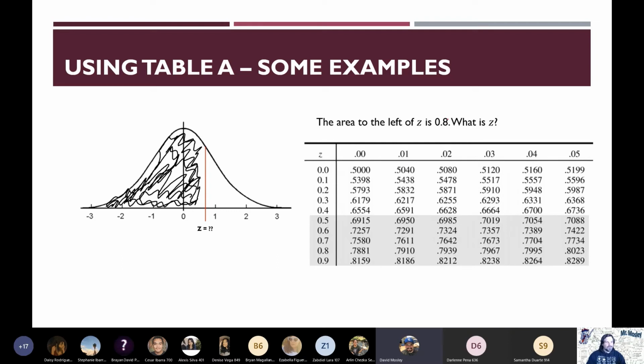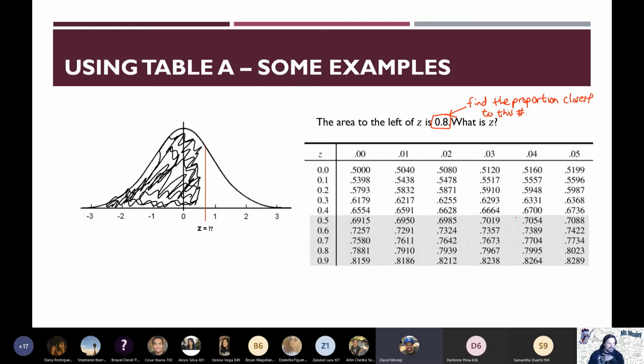Right. So what we do is we use this 0.8 as our guide, and we need to find within our table the proportion closest to this number. All right. So in our table here, we're just going to look for 0.8. We're as close as we can get.